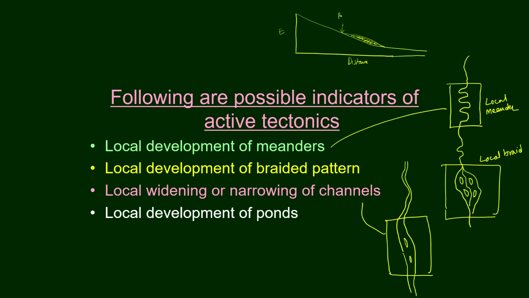So, this will show ponding condition. So, local ponding can also be taken as an indicator for your tectonic evidence. Okay. So, I will stop here and we will continue with more details in the next lecture.